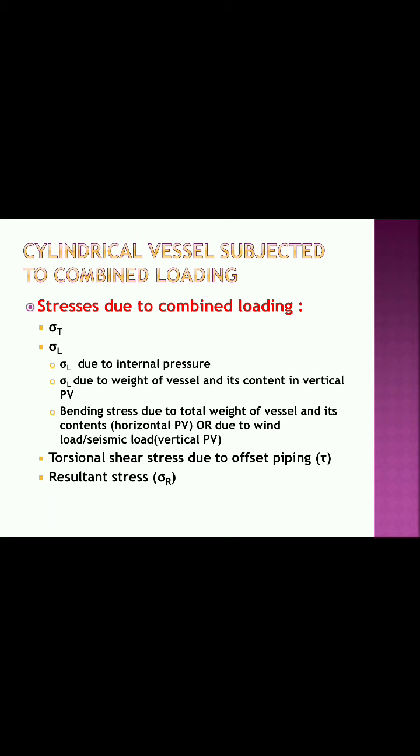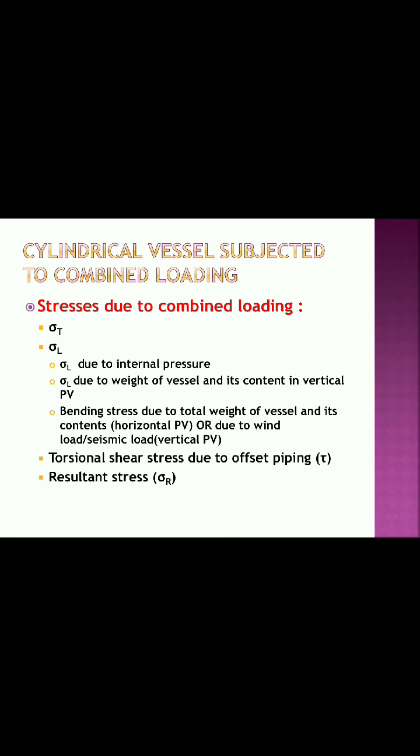Now sigma L is because of internal pressure. Sigma longitudinal is also because of weight of the vessel and its content in a vertical pressure vessel. Also there will be bending stress due to total weight of the vessel and its content. So in case of a horizontal pressure vessel, total weight of the vessel and its content has to be considered, or at the same time you can consider the wind load or seismic load in case of a vertical pressure vessel.